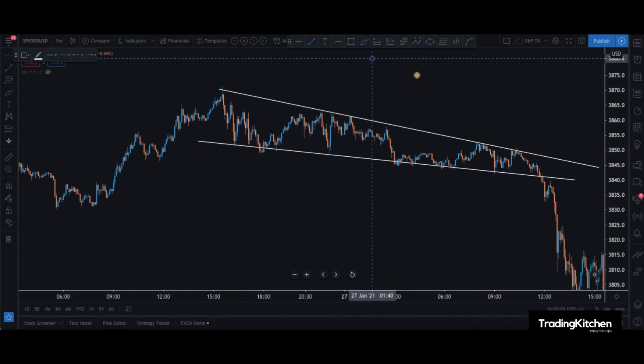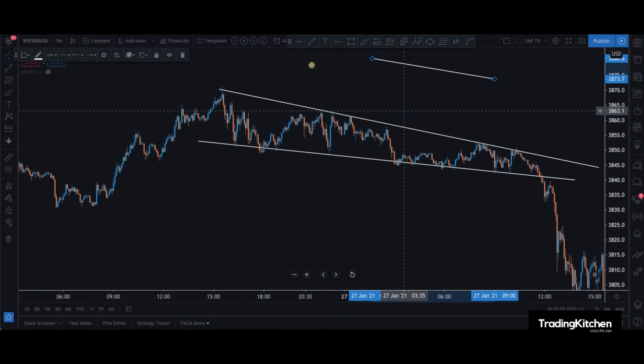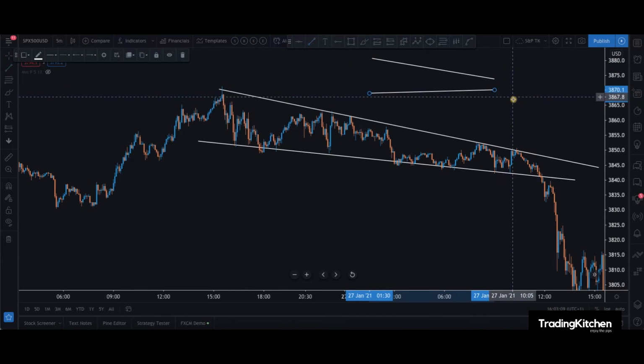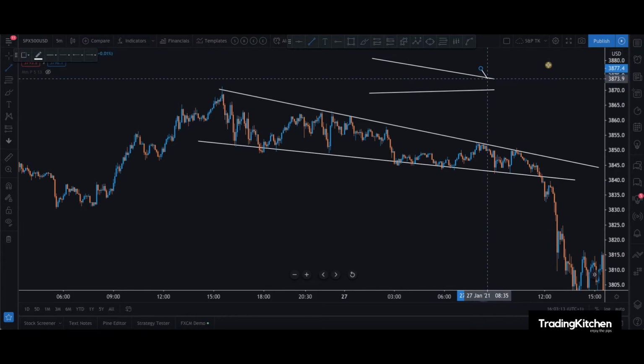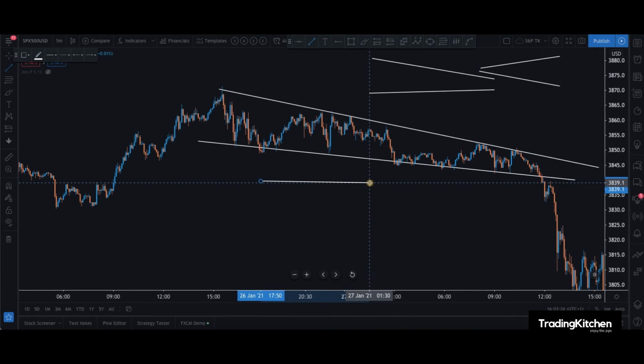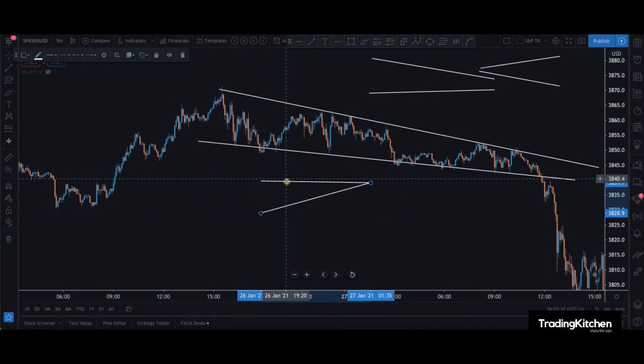It can also have this shape, or this, or maybe this shape. This is a triangle.